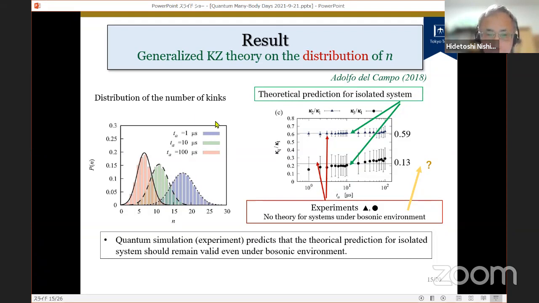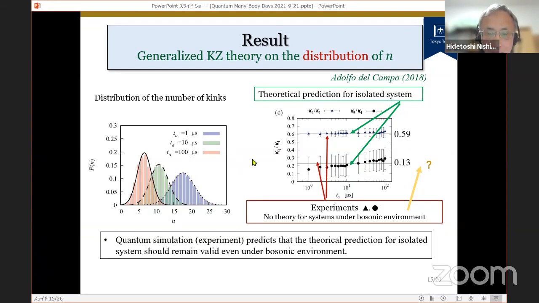As I said in the previous slide, the average number of kinks, kappa 1, is a decaying function of TA to the power of minus 0.28. But if we take this ratio, it becomes a constant. This is a surprising result with a universal value of 0.59.